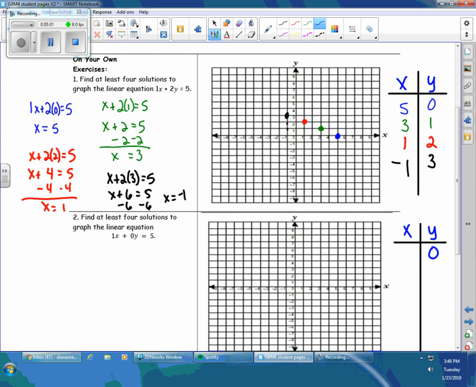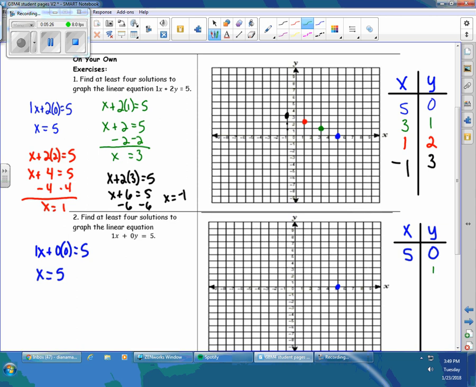So I'm going to start with 0. 1x, or just x, plus 0 times 0 equals 5. And so that's just going to be x equals 5. It's the same as up top.